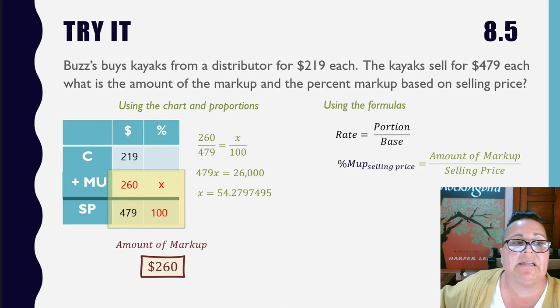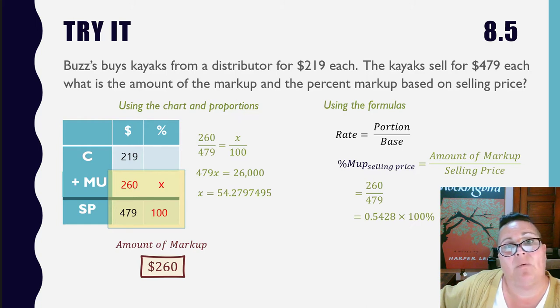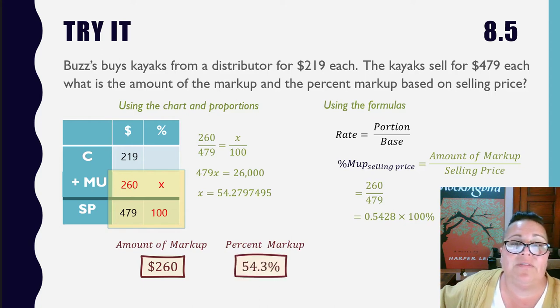That's a comparison of the amount of the markup to the selling price, or 260 over 479, which, if I just use 4 decimal places, is 0.05428. This is enough because I'll need to multiply that by 100 to get the percent. And notice that in both cases, we end up with 54.3% if I round it to the nearest tenth.